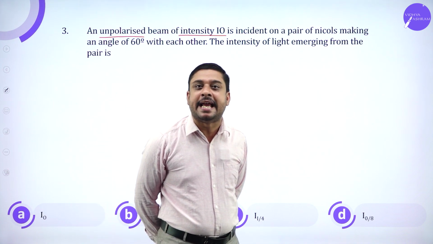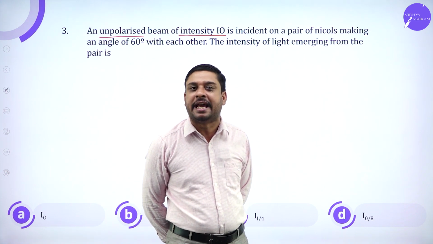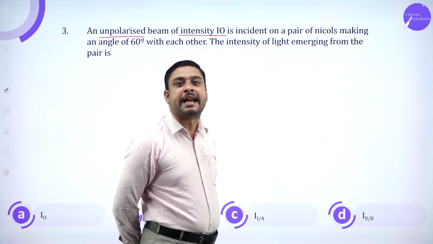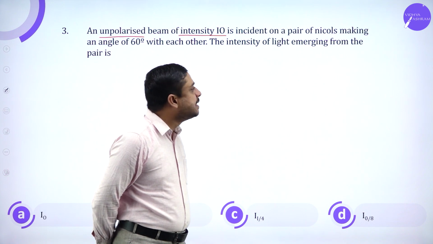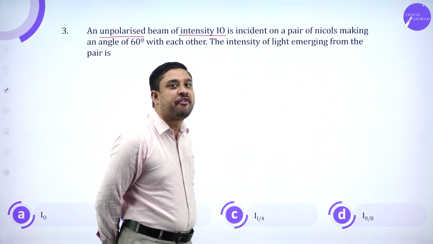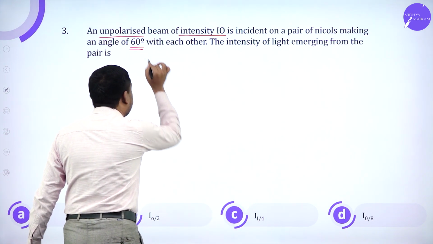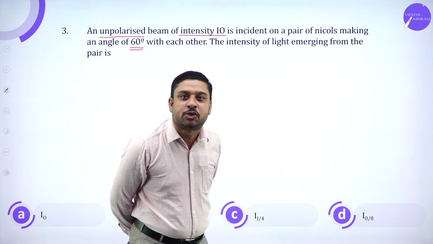Unpolarized light, what do we call it? We call it ordinary light. What intensity is given? I0. It is incident on a pair of nicols making an angle of 60 degrees with each other.